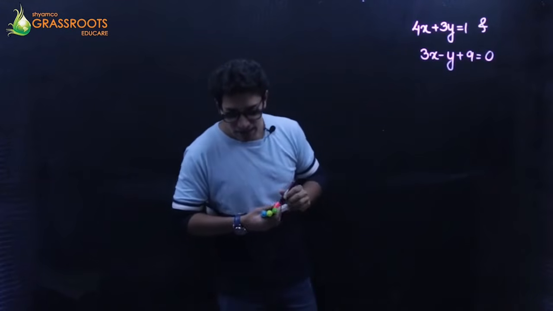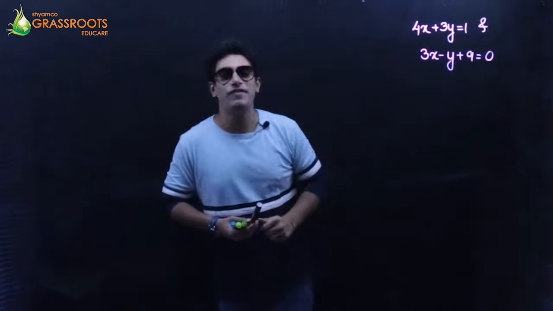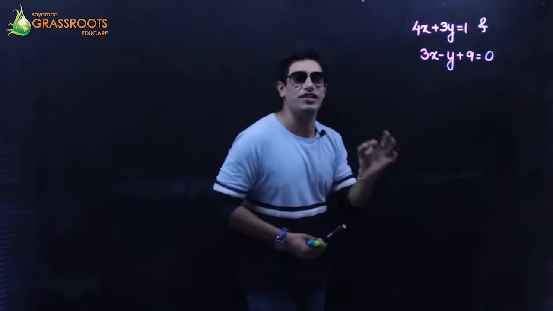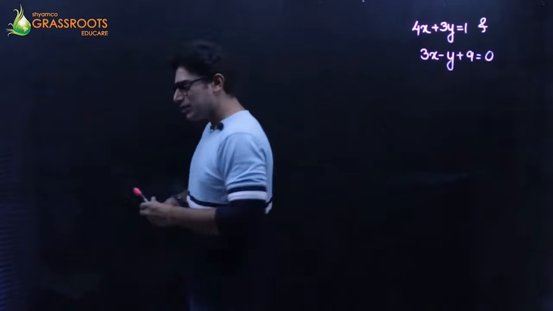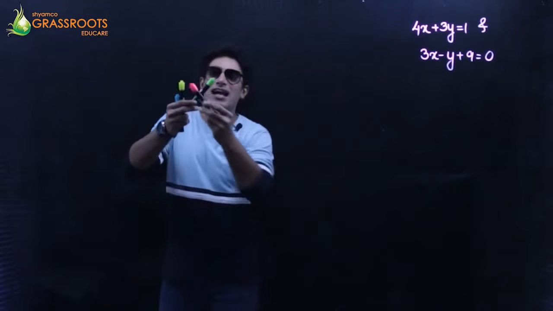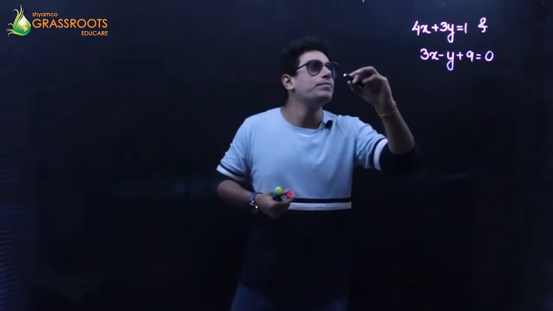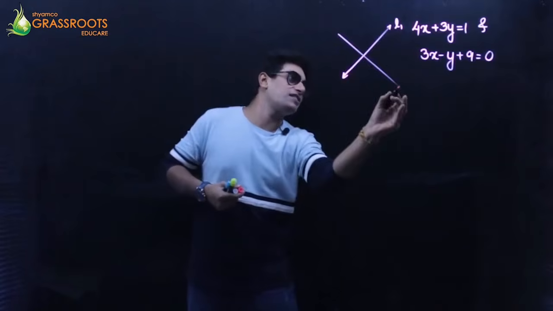And if this point lies on the other line, find the value of k. Can I say that there are 3 lines involved in the sum, out of which these are the 2 lines? I'll just draw them. This is one of the lines, L1, and this is the second line, L2.